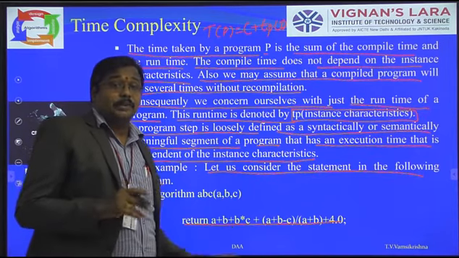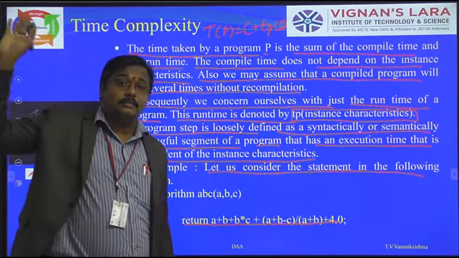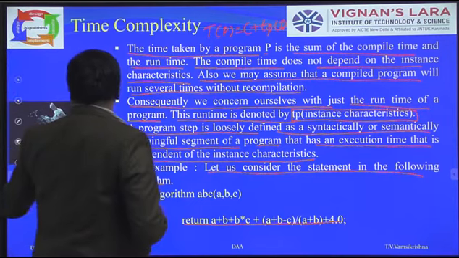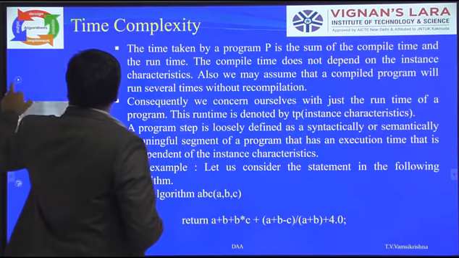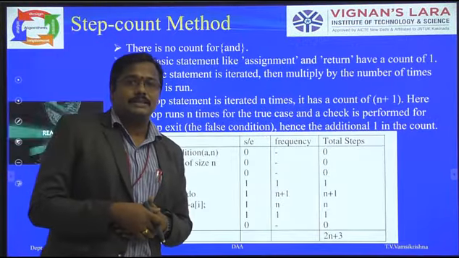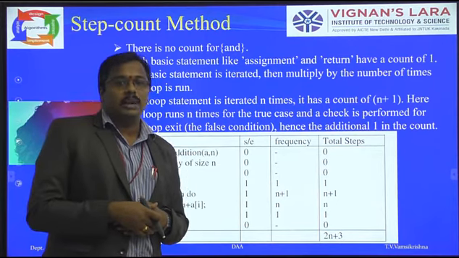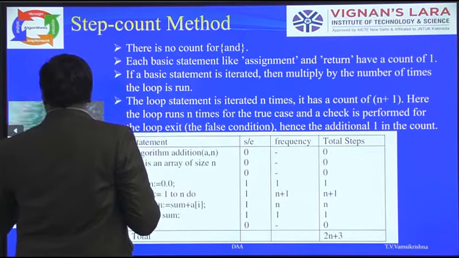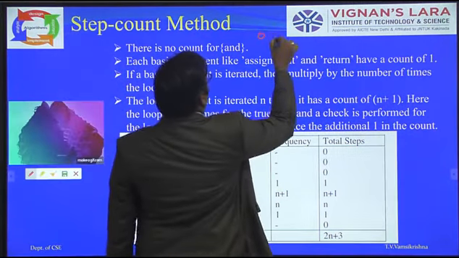The return statement saves the value into a particular variable, and for that it takes 1 unit of time. So by considering these two, the time complexity of the earlier example is simply big O of 1.